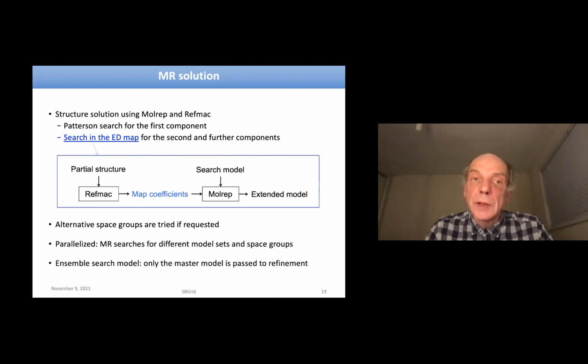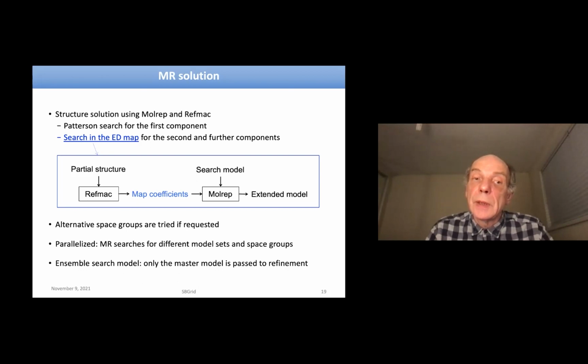Structure solution is done using MoRDa and REFMAC, and Patterson search, conventional molecular replacement, is applied only to the first component in the series if that contains more than one component. And then only a search in electron density maps is used for the second and further components of the entire search model.